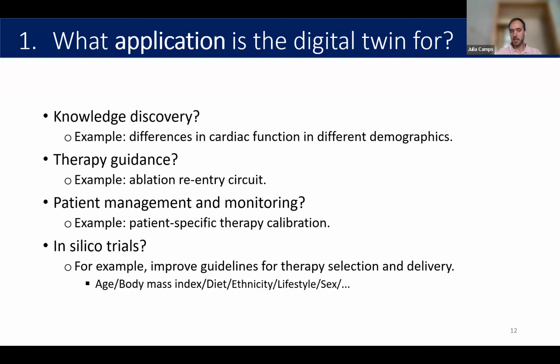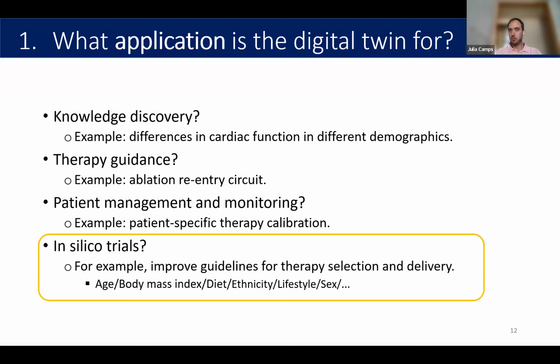It could also be patient management, like calibrating drug dosage across time, considering recovery from a certain disease or condition, and how you continue adjusting or change medication. Or it could be something along the lines of virtual clinical trials. So we have some new drug that we want to know if it's going to be safe and efficient to treat a specific disease in a specific context.